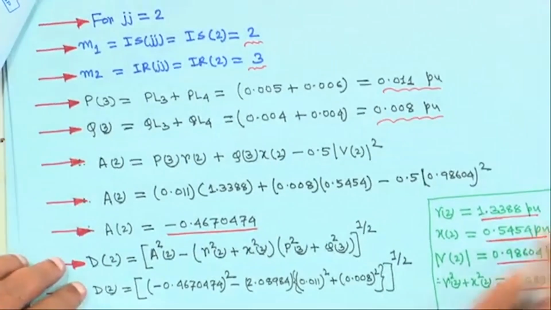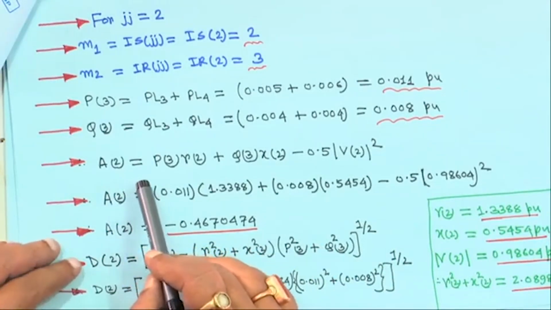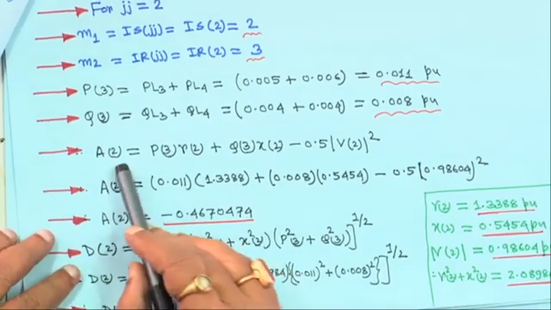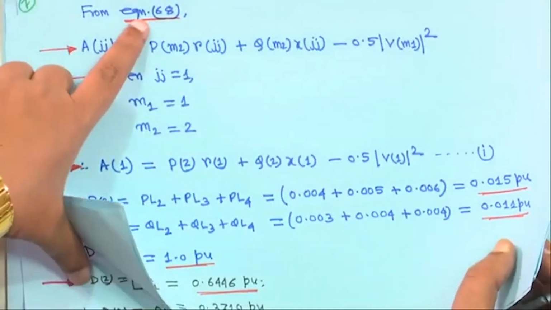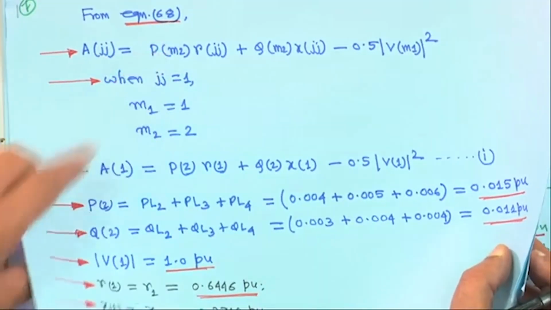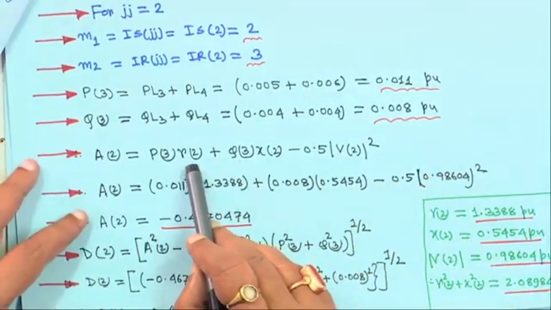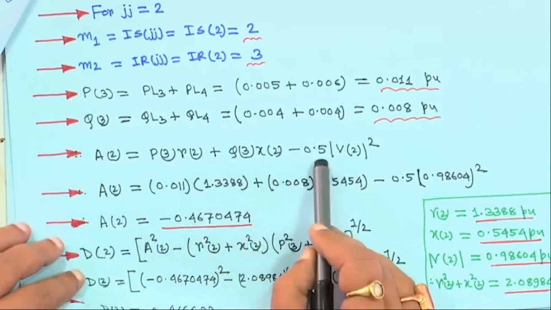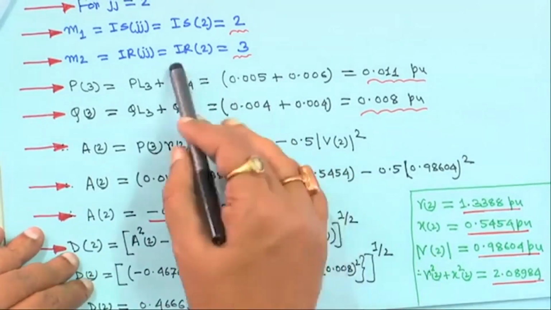So, now from the same equation, equation 68, put jj is equal to 2 here, and you calculate A2. In that case you will get A2 is equal to P3 R2 plus Q3 X2 minus 0.5 V2 magnitude square. Substitute all the values.